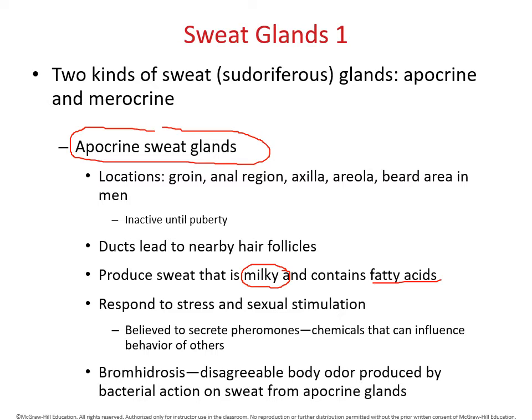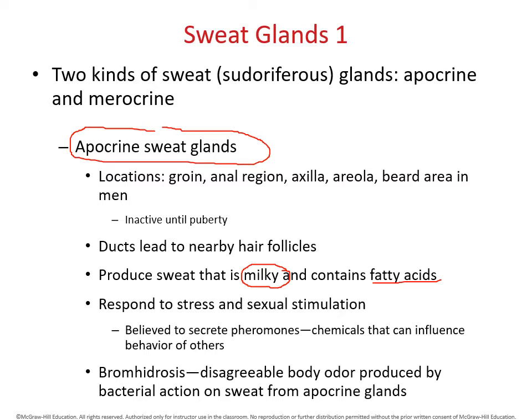The reason for that is because the apocrine sweat gland, due to its location in the groin region as well as the armpit, often responds to stress as well as sexual stimulation. So people often talk about the fact that this secretion, less water, more milky and fatty acids, is considered a pheromone, a specific secretion that can be used to influence the behavior of a mate.